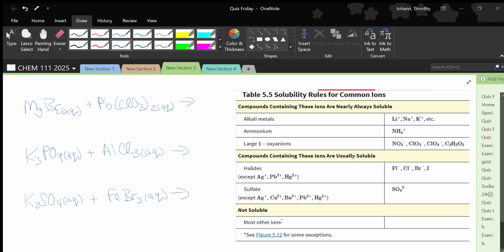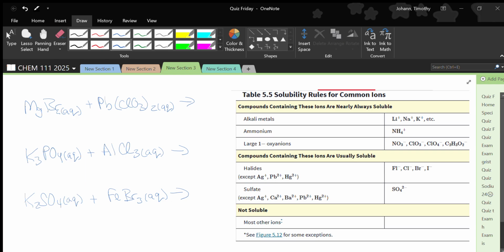Let's go ahead and work the first one. I've got some good questions over here, and I want to give you a method for this. To make myself room, I'm going to need to get this chart out of the way, so let's decide what's insoluble here first. We're going to swap partners, right? We're going to take this ion with the magnesium.